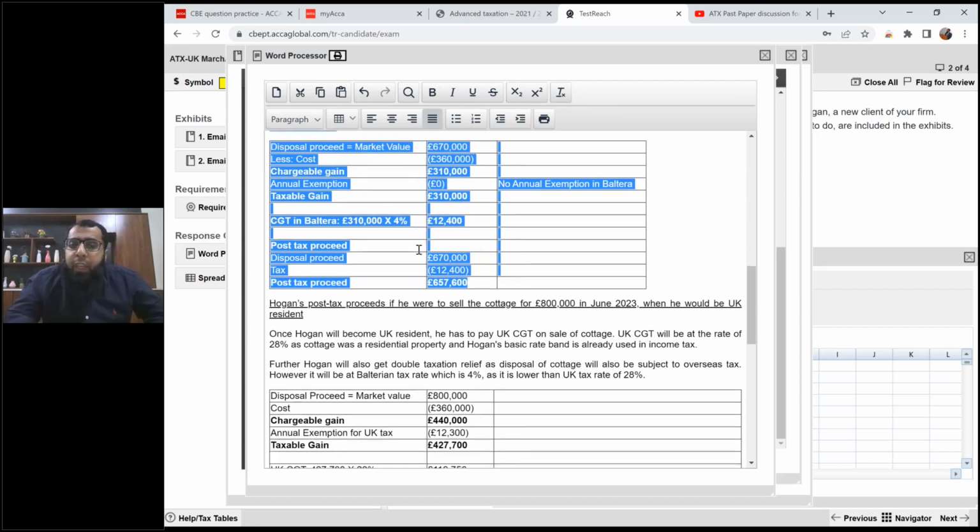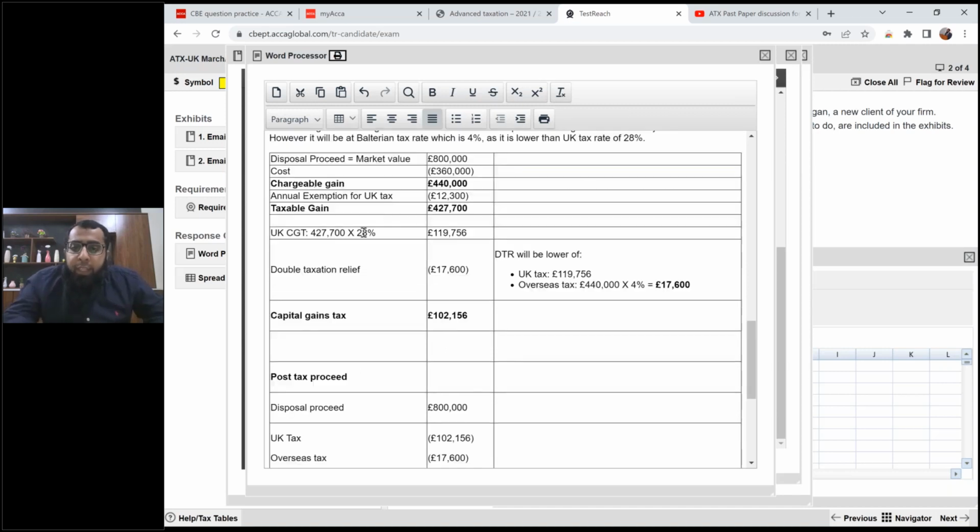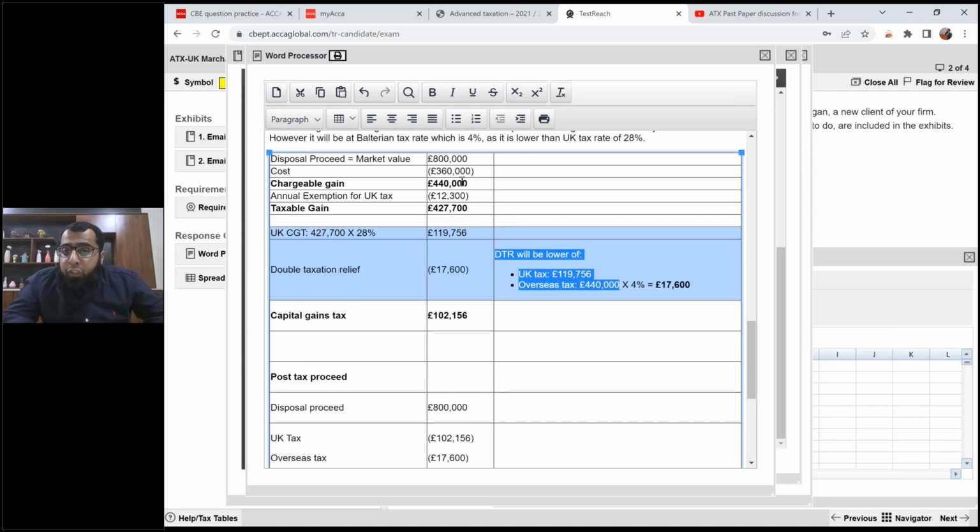But once he becomes UK resident, he has to pay tax at 28%. Okay, we calculated the UK tax. The overseas tax was on chargeable gain because in Baltira there was no annual exemption.